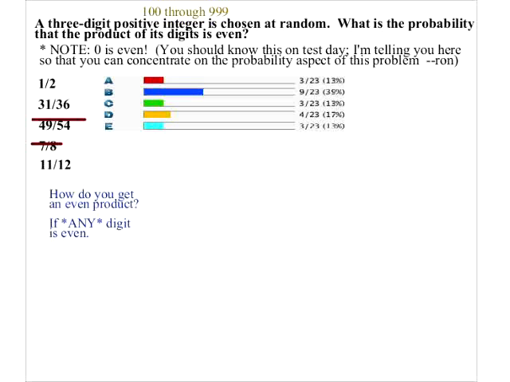So the problem is there are lots of different ways to do this. You can have 3 evens, you can have 2 evens and an odd, which you can do in 3 different ways. Or you can have 2 odds and an even, which you can also do in 3 different ways. This is a lot of work.